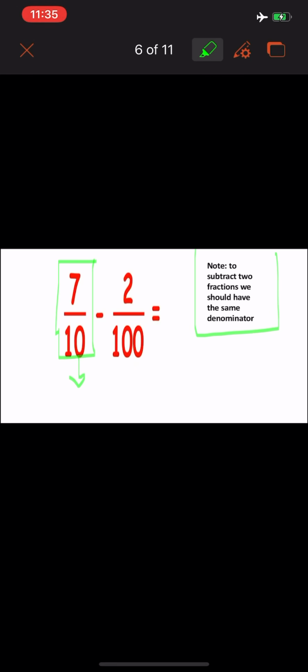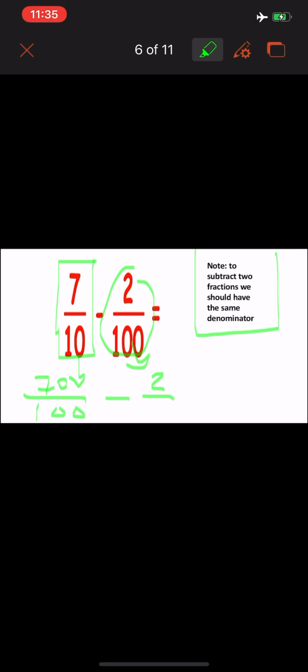I will convert it into out of 100. So, multiply by 10, it will be 70 out of 100. This fraction, I will take it in my example. So 70 out of 100 minus this one comes down as it is because it's already out of 100.